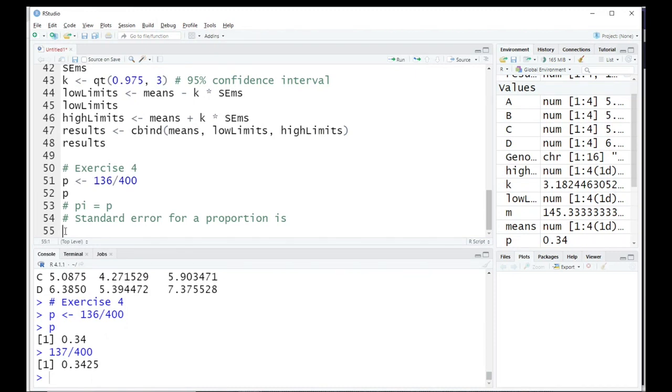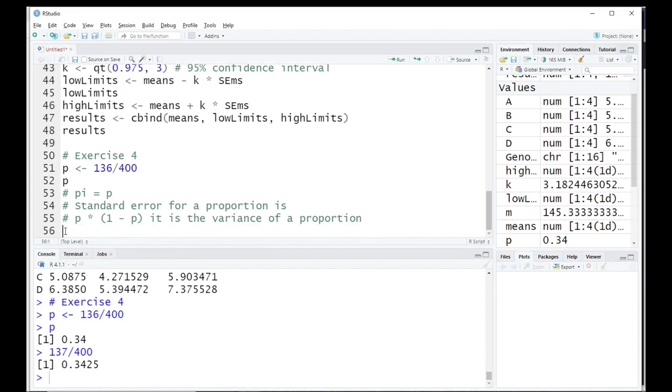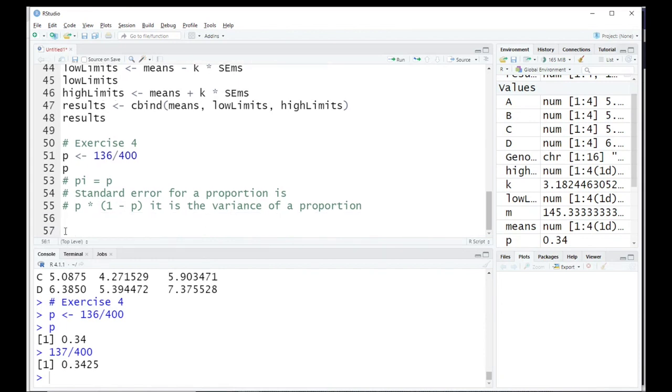The standard error for a proportion is calculated as this. P multiplied by 1 minus P, it is the variance of a proportion. The equation is slightly different from what we used for the mean.